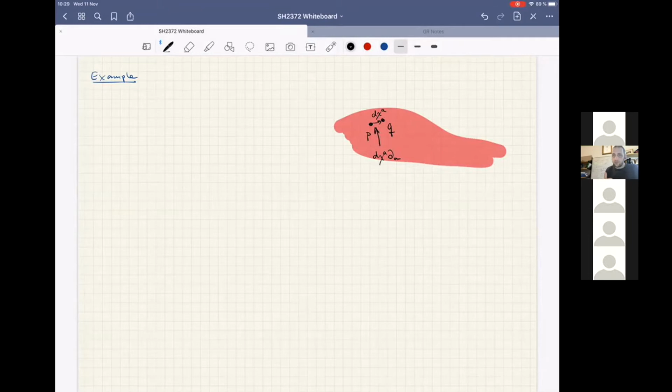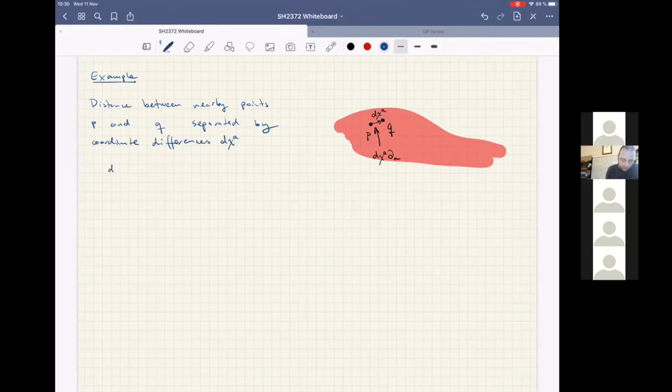So that means that the distance between nearby points P and Q that are separated by coordinate differences d chi a, well, that's given by the length of this transition vector from P to Q. I'm going to write that ds squared.